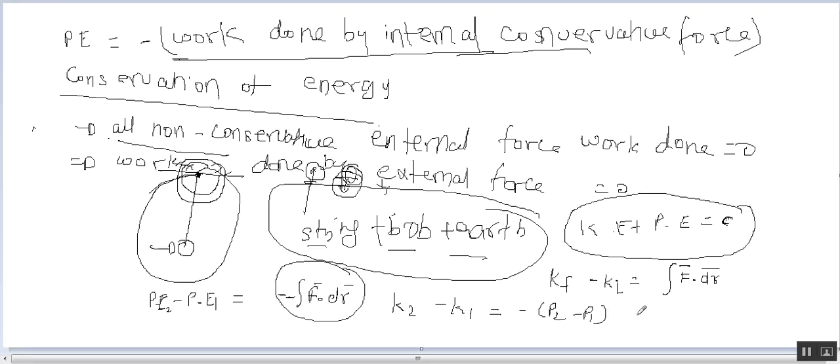I can write this as K2 plus P2 equal to K1 plus P1. This means final kinetic energy plus final potential energy equals initial kinetic energy plus initial potential energy. So the sum of potential energy plus kinetic energy is not going to change if work done by all external forces is zero, and work done by all internal non-conservative forces is zero. Then energy will be conserved.